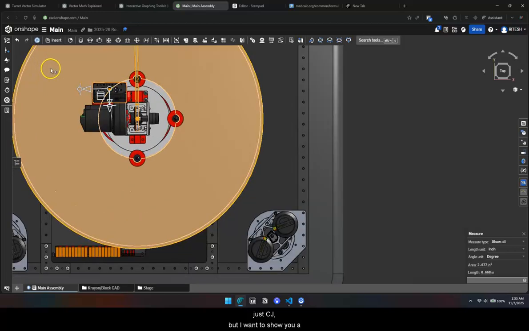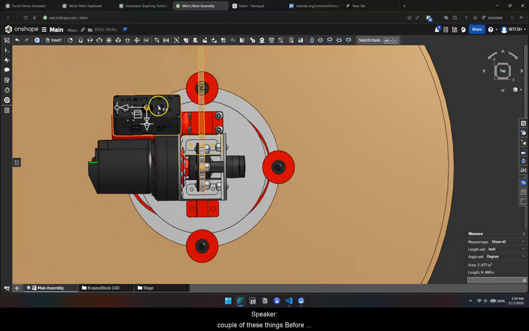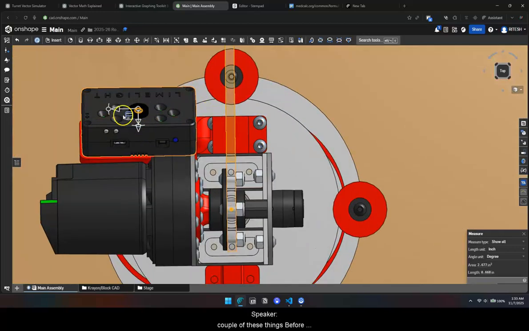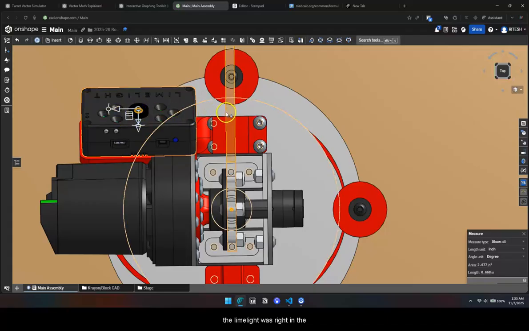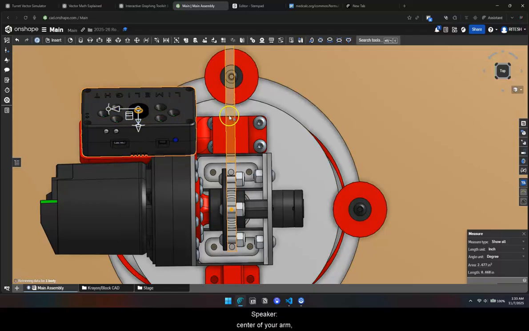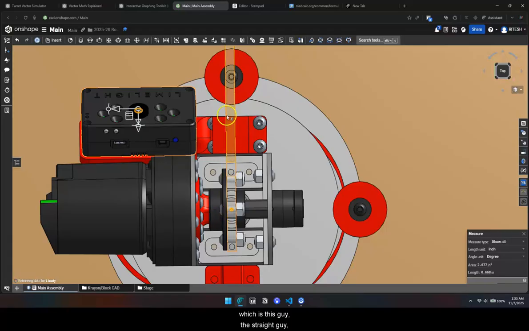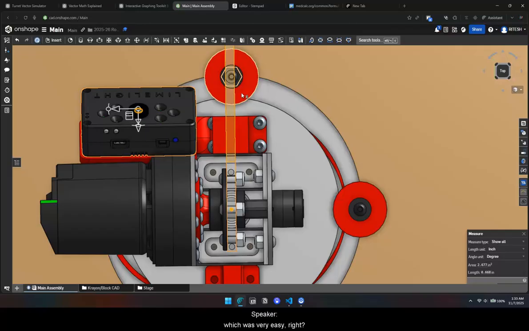Before, the Limelight was right in the center of your arm, the straight part, which was very easy. We just had to move whatever degree the Limelight wanted us to go, and that was kind of it. But what happened is we moved the Limelight.